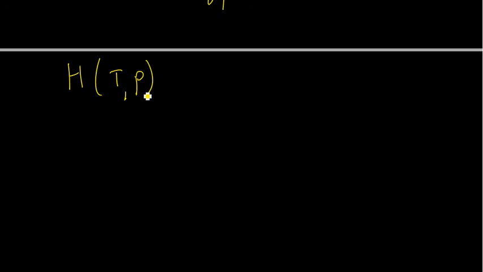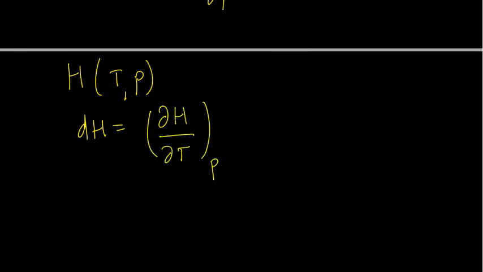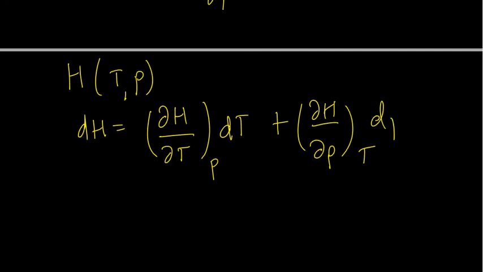Now, if I do that, then I can write the change in enthalpy as the change of enthalpy with respect to temperature at constant pressure times dT, plus the change of enthalpy with respect to pressure at constant temperature times dP. Just as we wrote for the internal energy, the same thing I can write for enthalpy.